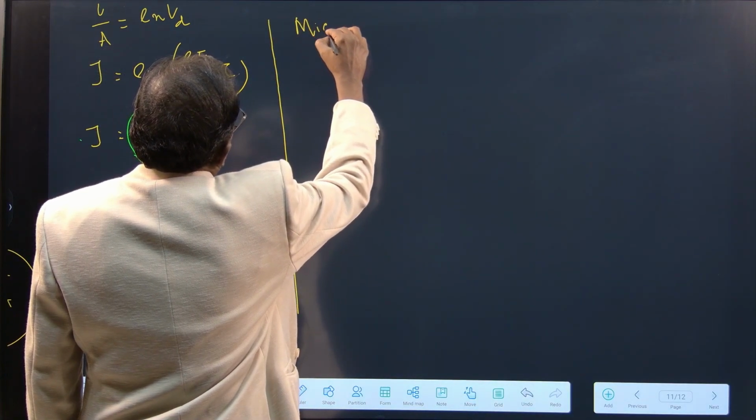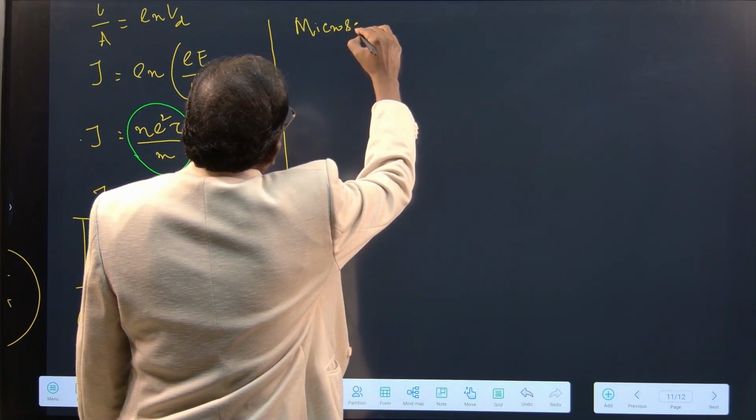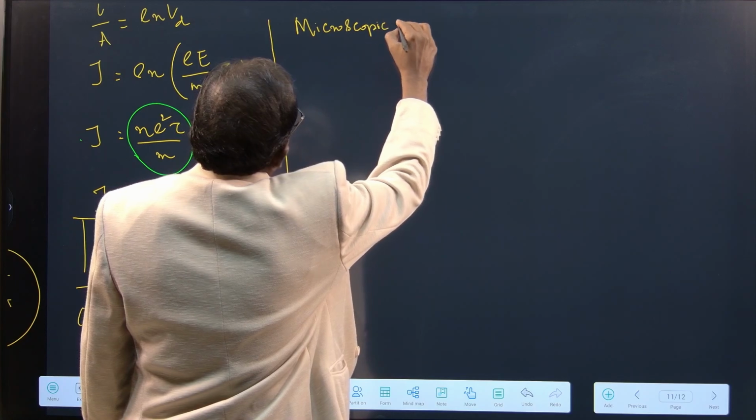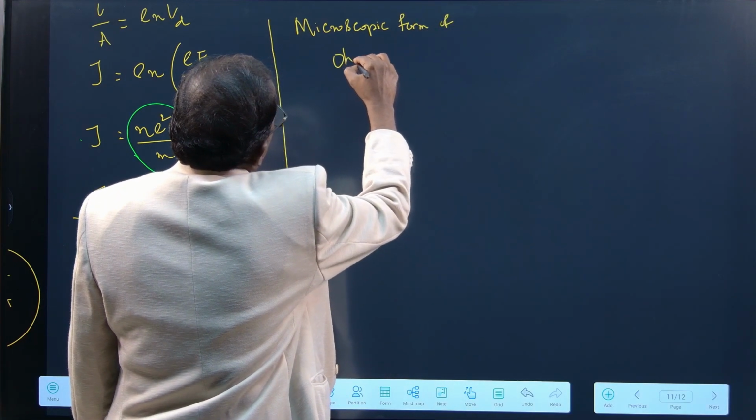Then, last topic, the microscopic form of Ohm's law.